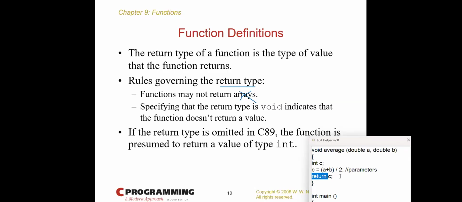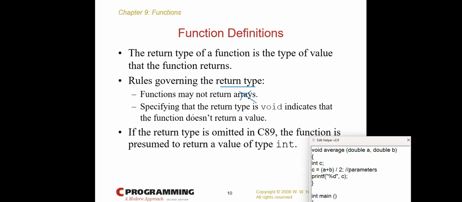So what can a function that does not have a return value do? It can print. So we can have print C. So it means it prints the C and we are satisfied with what it did. So this is a void function.